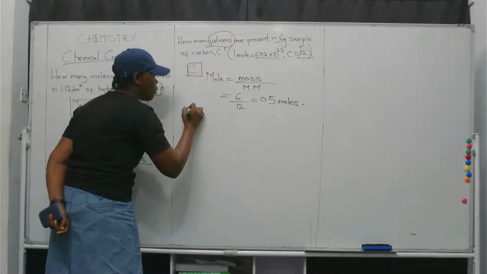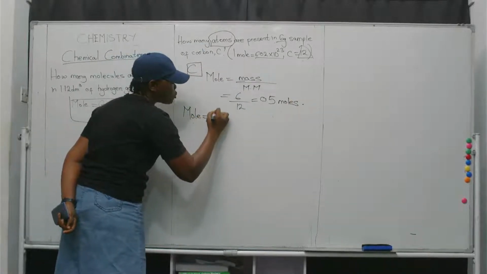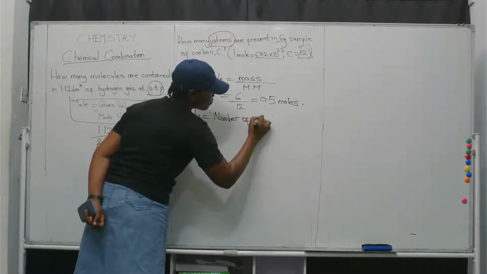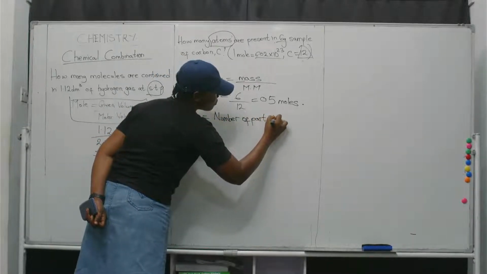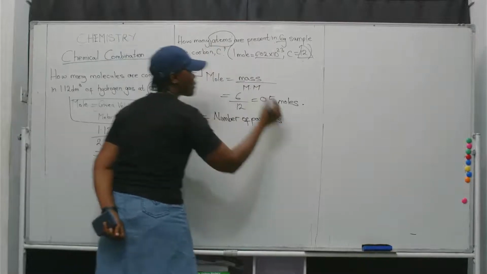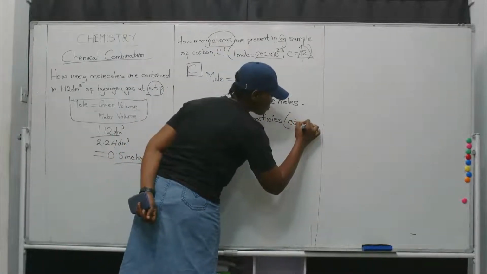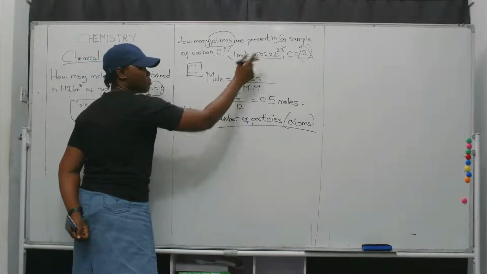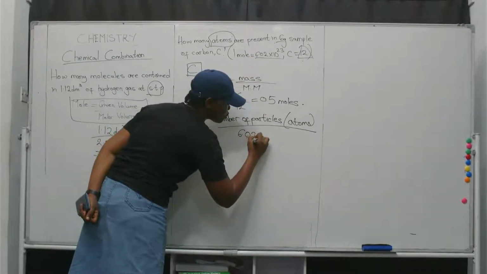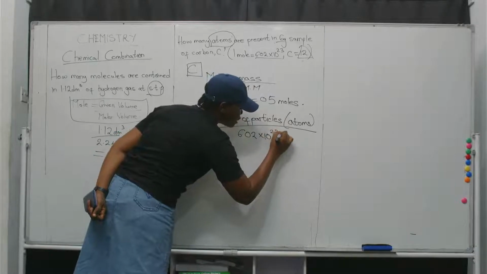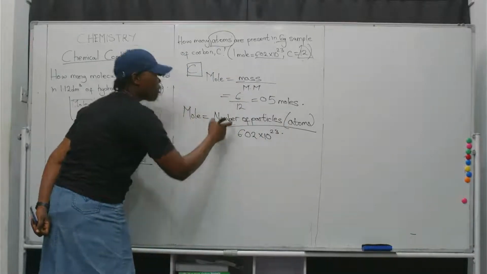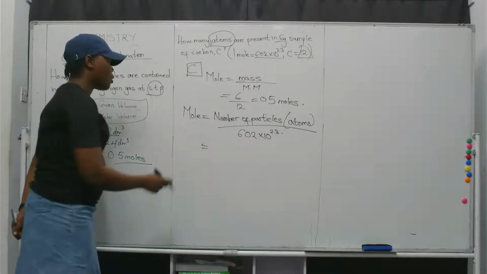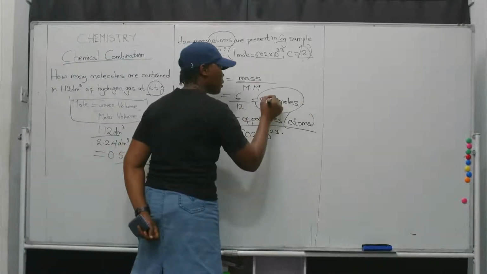We also know that mole is equal to number of particles, in this case atoms, divided by 6.02 times 10 raised to power 23. So the number of particles here is what we are told to calculate. We already know mole because we calculated it from here, right?